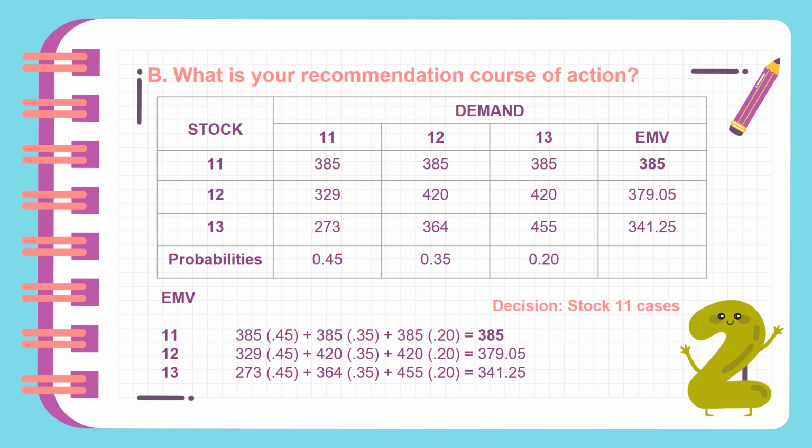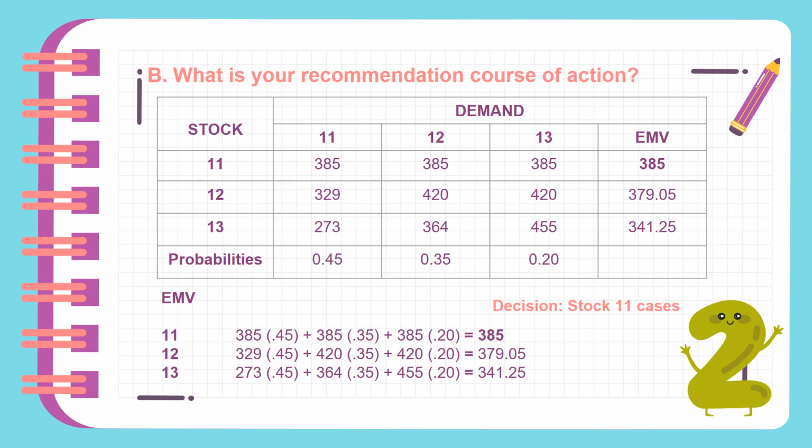Next, okay, so what is your recommendation course of action? Here, to determine the course of action that we will use, we have to get the expected monetary value, or the EMV. So how did we arrive at this table?